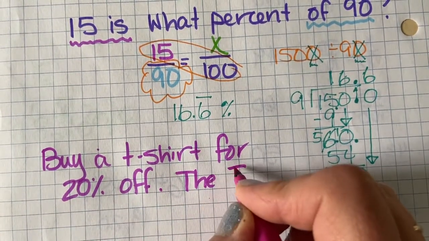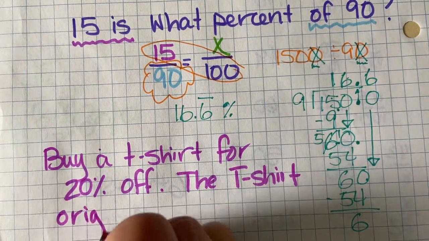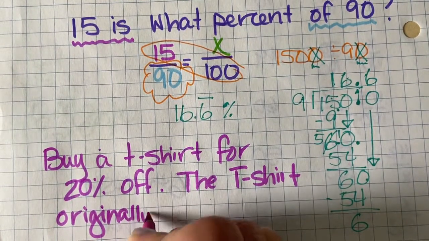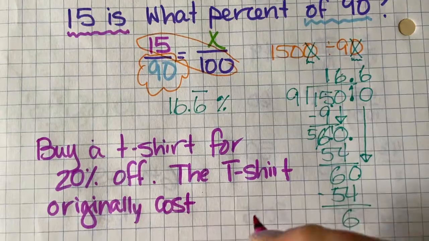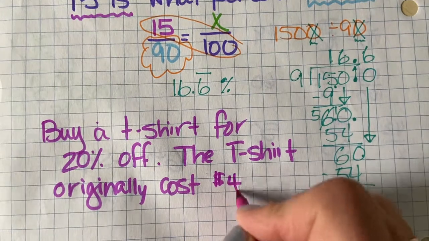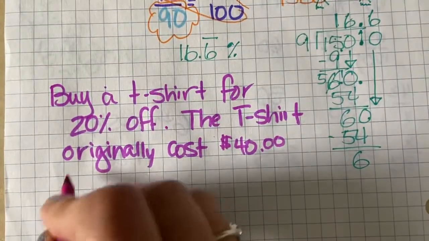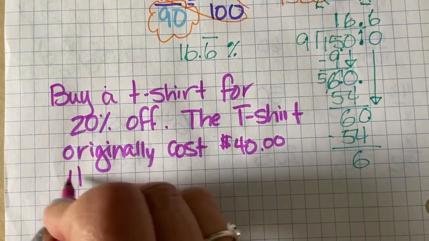The t-shirt originally cost, what do you think it's going to be? About $40. It's an expensive t-shirt. Okay, I want to know how much money will I get off? How much is my discount?